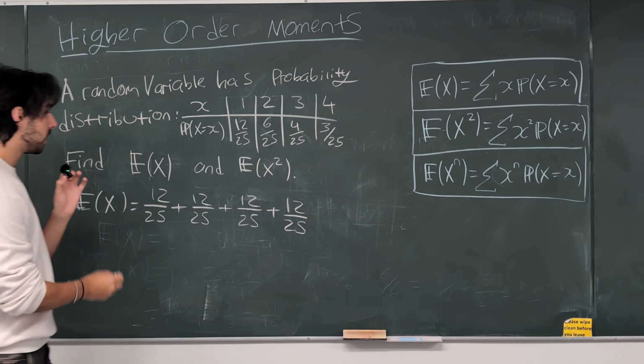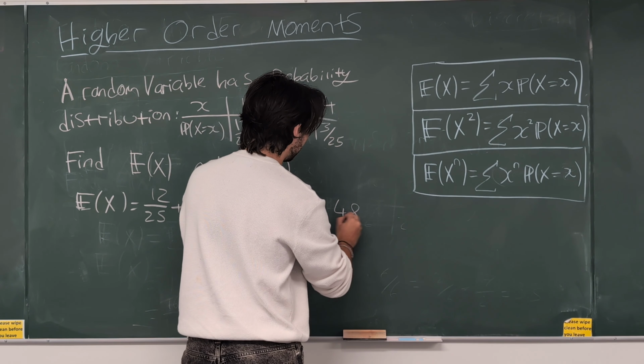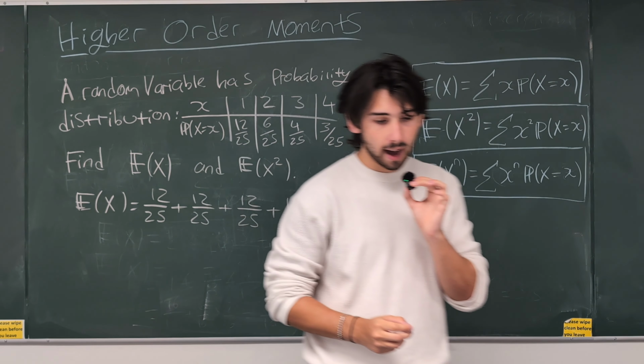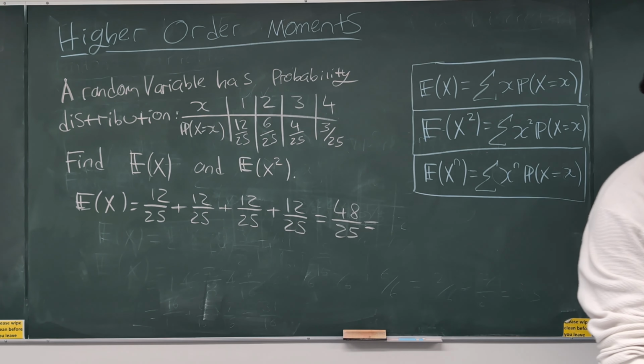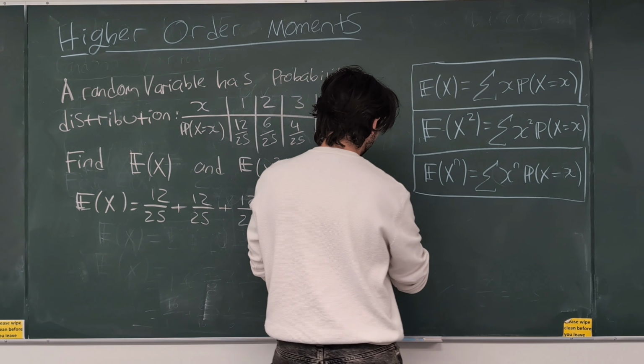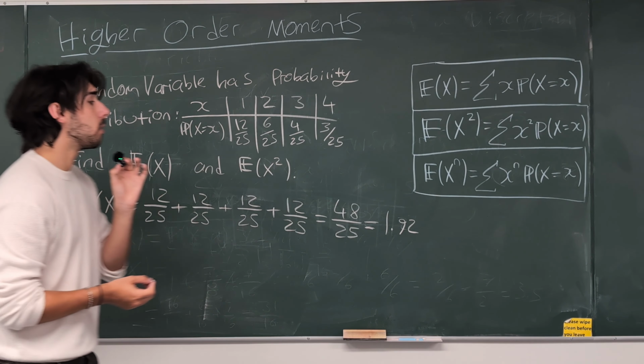We can see there's 4 of them, so overall we've got 48 over 25. Out of curiosity, as a decimal it's 1.92. So on average, we're going to get the number 1.92.